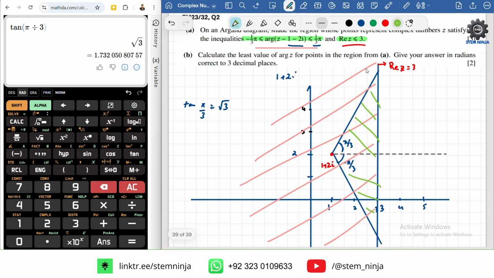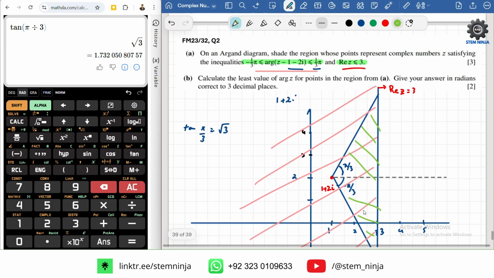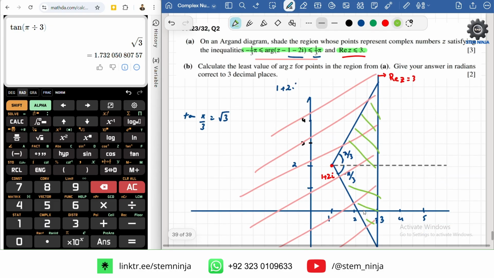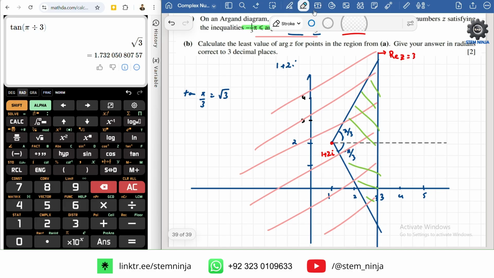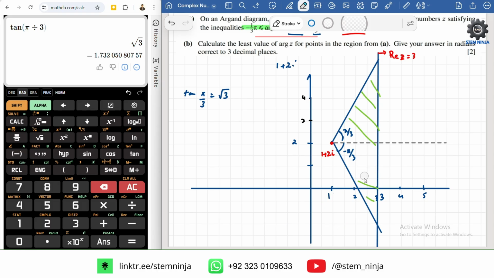Okay, so that means the region that satisfies both of them is actually in between this triangle, right?